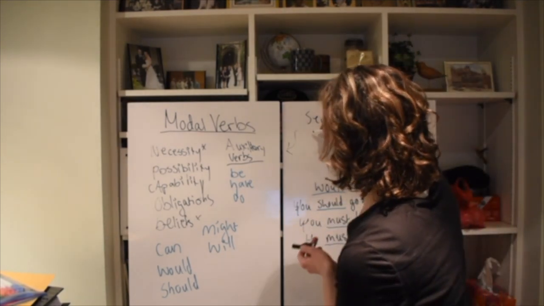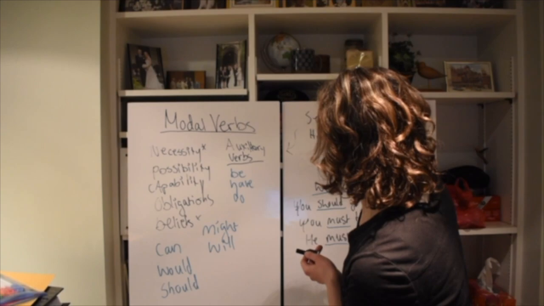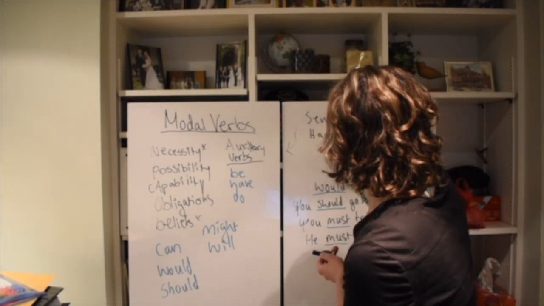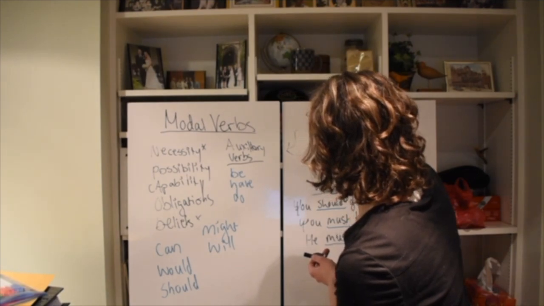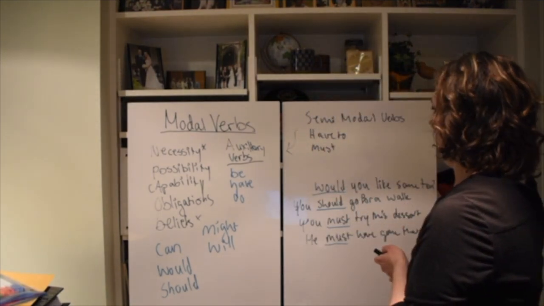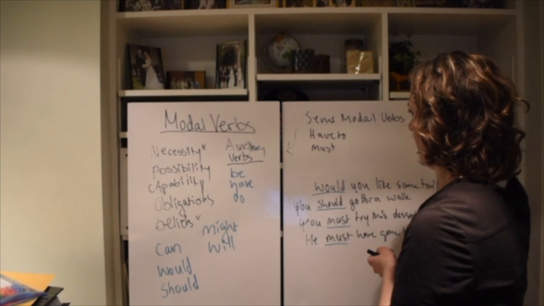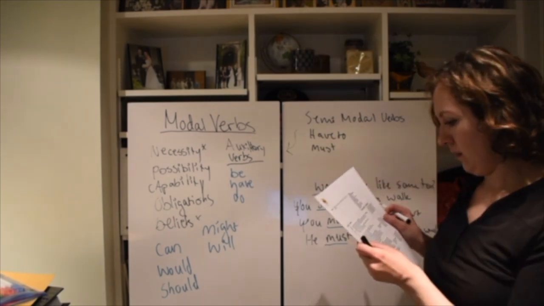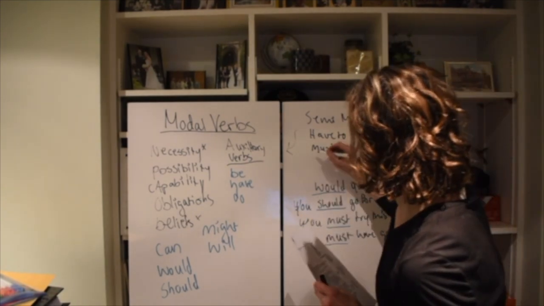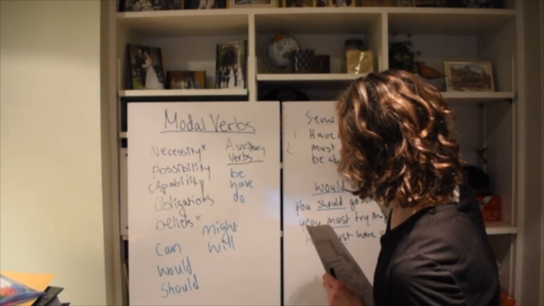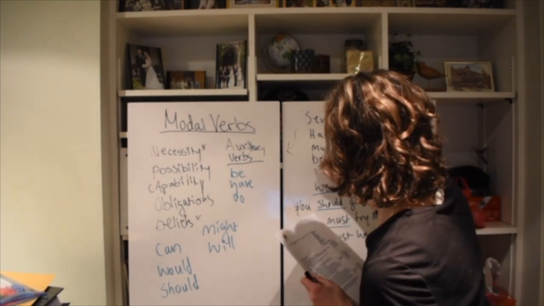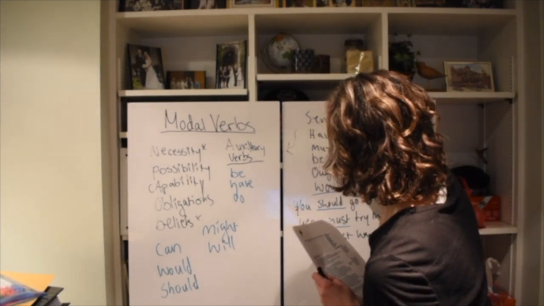They could be used in sentences with like have to. Must is also considered semi-modal. Let's see if I can remember all that. Be able to is one, and ought to, that is an important one right there.